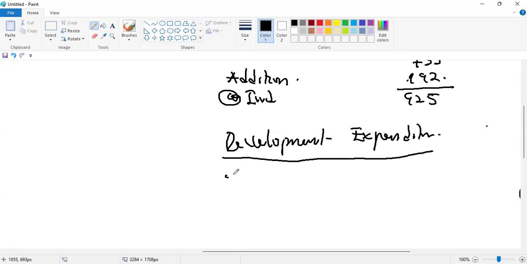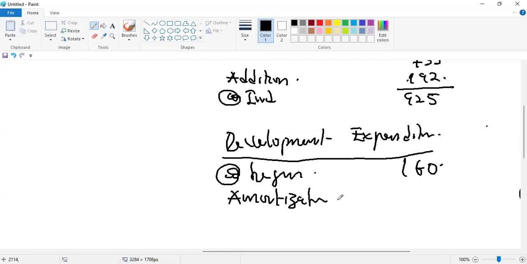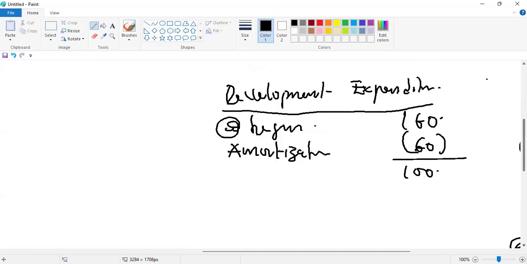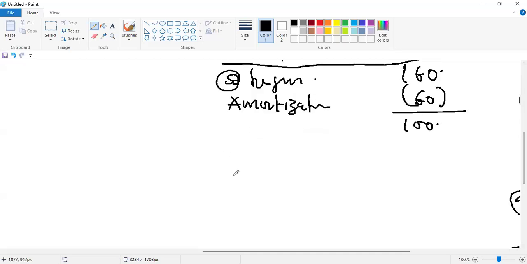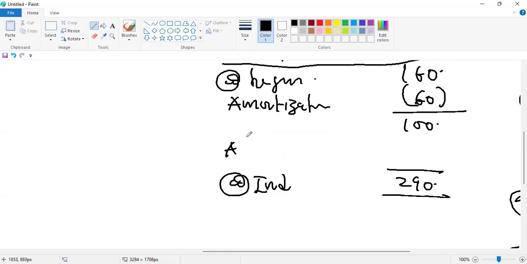So development expenditure. At the beginning of our development expenditure, 160. We amortize. Don't forget there's amortization of 60. So 100. What did they report at the end? At the end, 290. So additional 190.